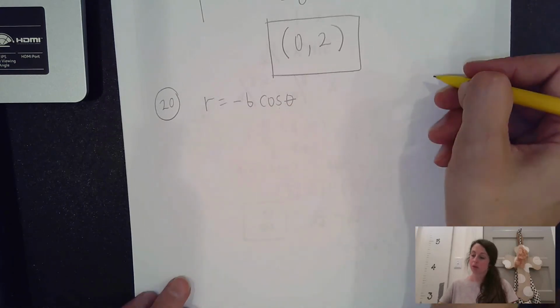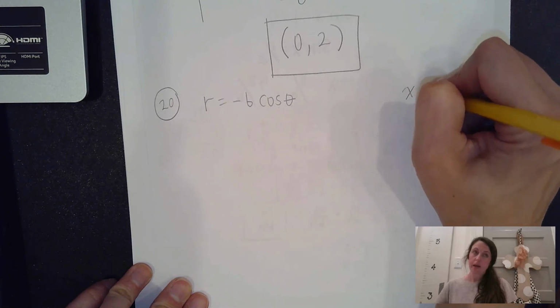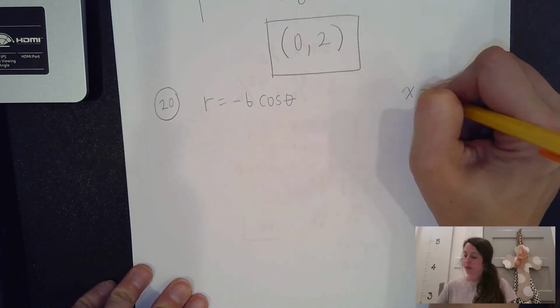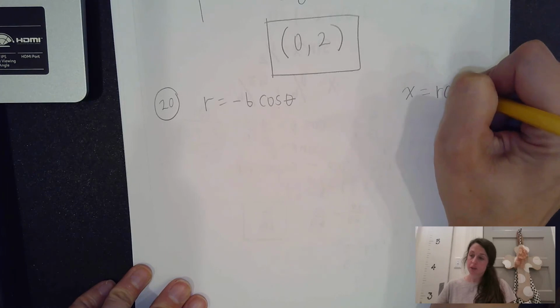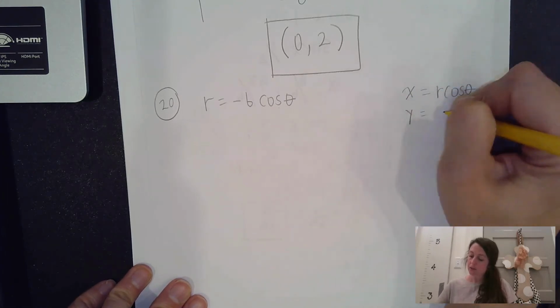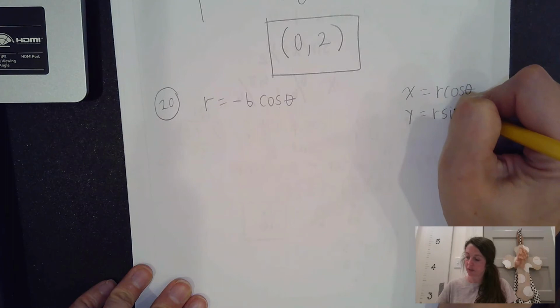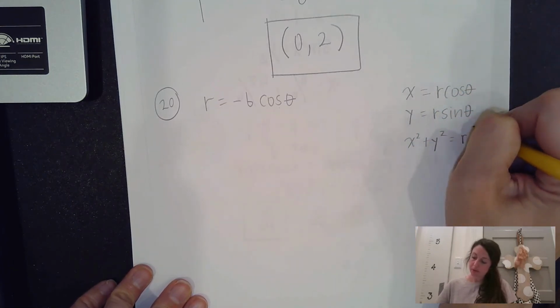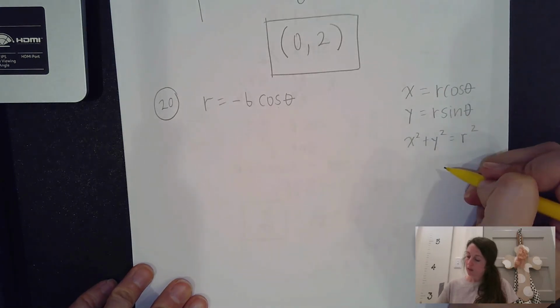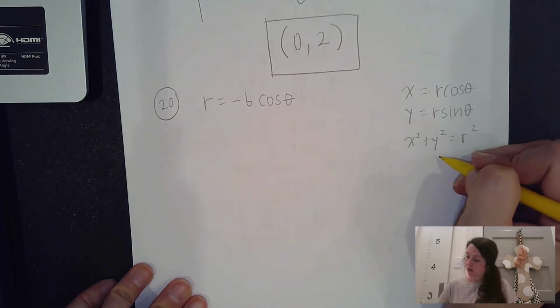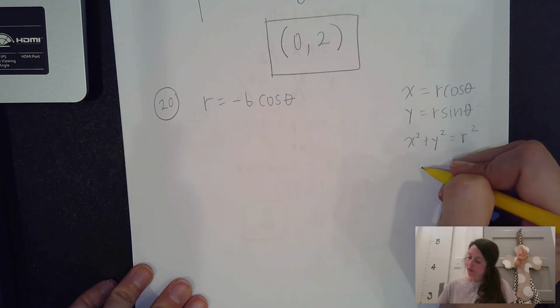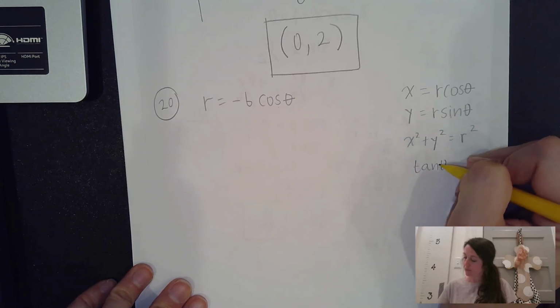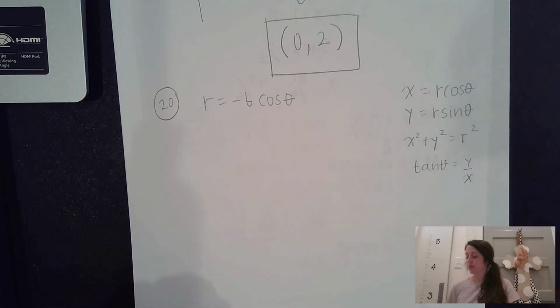So let's remember all of the things that I have. x is going to be equal to r cosine theta. y is going to be equal to r sine of theta. x squared plus y squared is going to be equal to r squared, right? And then tangent of theta is going to be y over x. Those are all the equations that I have to use here.